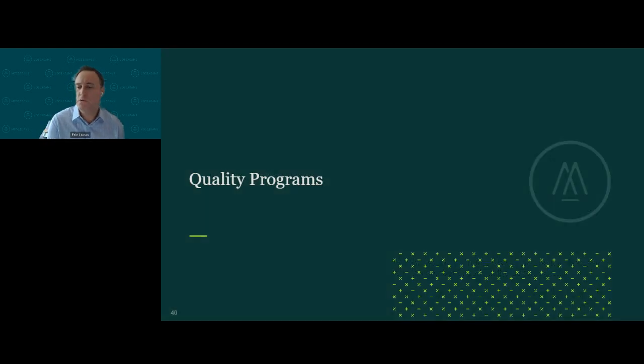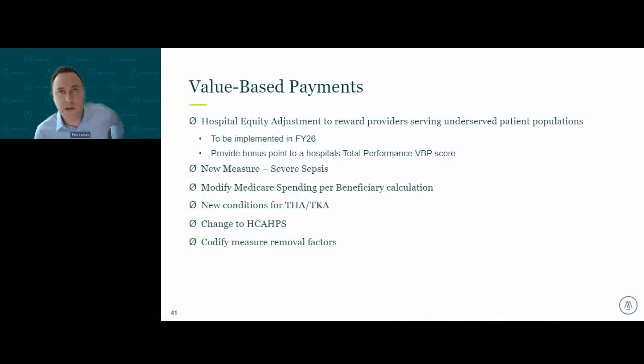I'm going to move quickly through the quality programs, the value-based program, which a lot of these issues don't actually take effect immediately, but they have been introduced. The first is the health equity adjustment, which is a bonus for providers that have a higher than average number of patients that are dual eligible.